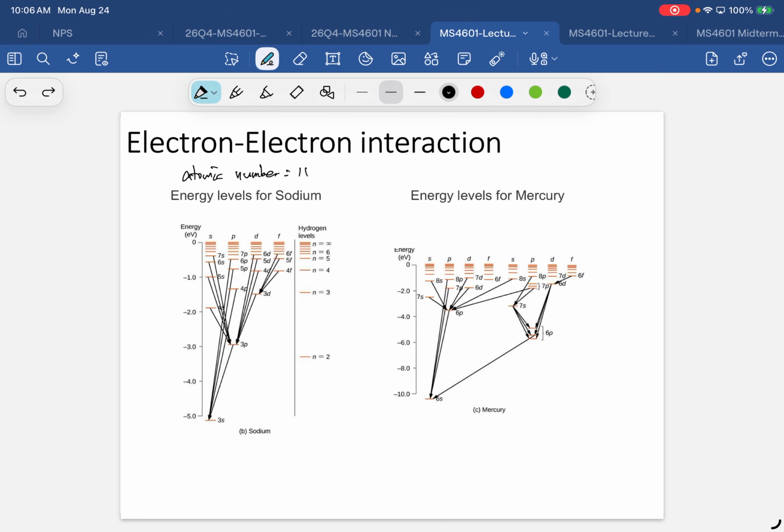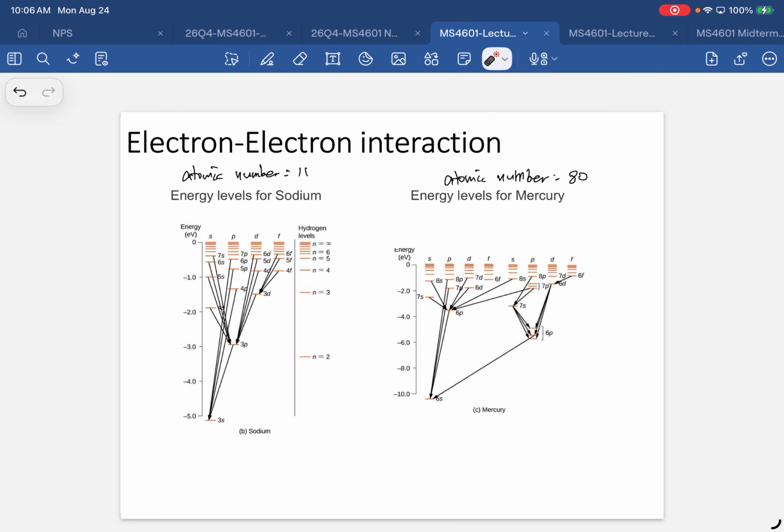And then we can also consider mercury here. Mercury's atomic number is 80. A lot of electrons. Again, because of electron-electron coupling, now we have different energy values for n equal to 6.